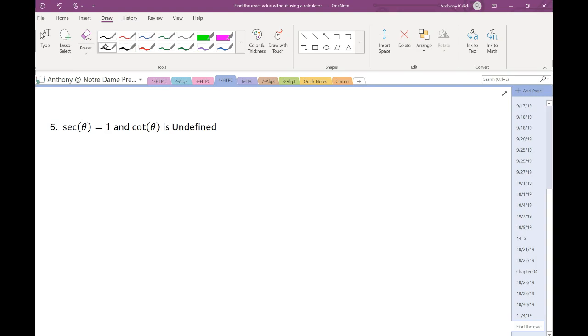We have an undefined. Yeah. So I'm going to start by doing the identities because actually the reference triangle is a little bit tricky, what to do with that. So we know already that secant is 1.